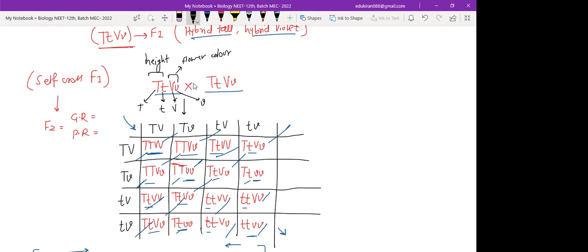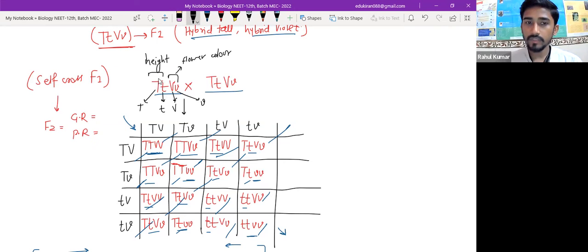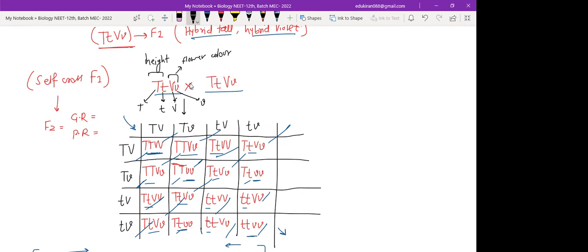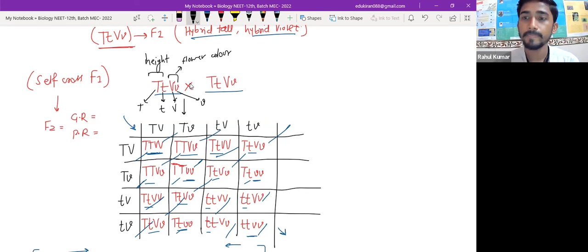So this means that one gene was not influencing the other gene. Both the genes, though they were present together and inherited together, stayed independent of each other. When the time to make gametes came, both the genes behaved independently, right? This is what is the law of independent assortment of the genes.